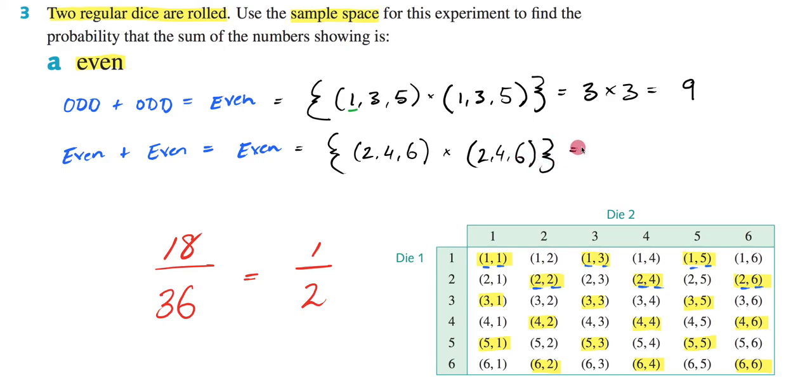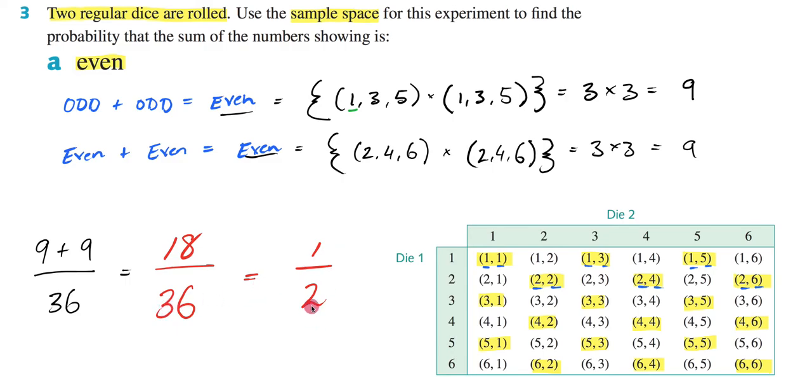It's the same logic again to figure out how many elements: 3 times 3, which is 9. So for my even numbers, it's 9 plus 9 out of a total of 36 possible outcomes. Well, 9 plus 9 is 18 over 36, which equals 1/2.